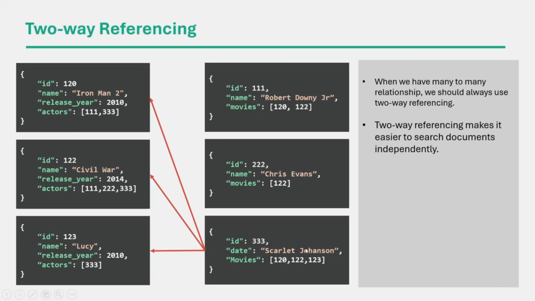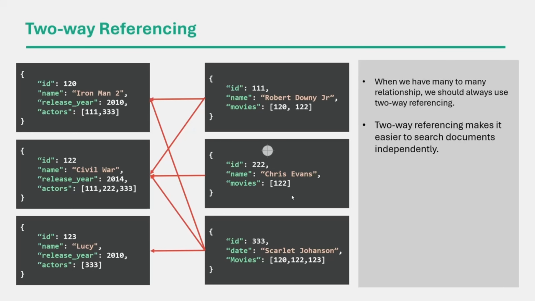So basically in two-way referencing, in the parent document, we will have references to its child documents, and in the child document, we will have references to its parent documents. And this is called two-way referencing. The same is true for other actor documents also. In other actor documents also, we have stored a reference to movie documents.